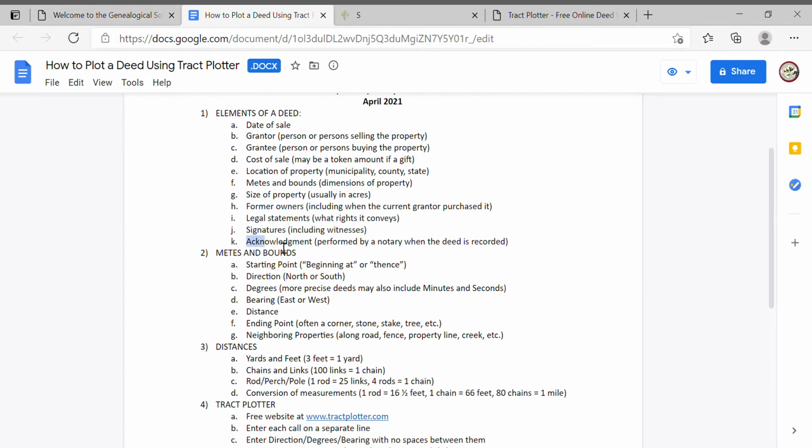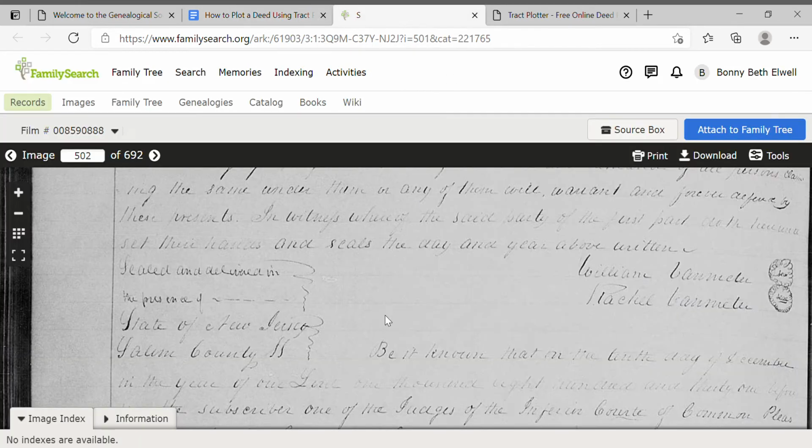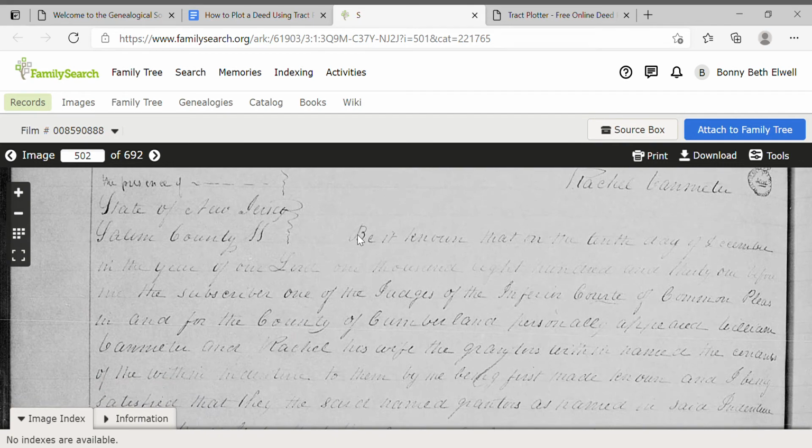Finally, we have the acknowledgement, which is performed by a notary when the deed is recorded. That's this section down here. So once the deed was taken to the clerk's office to be recorded, this was filled out by the notary.